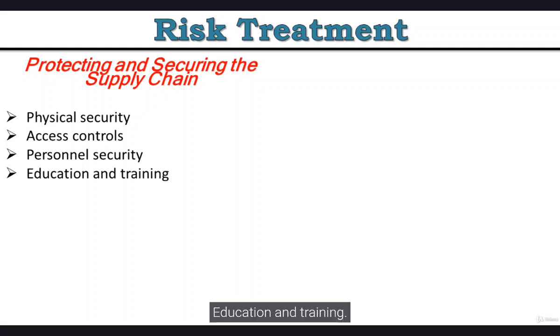Education and training. Firms and their partners should establish and maintain a security training program to educate and build employee awareness of proper security procedures. Best practices include training on the threat posed by criminals, terrorists, and contraband smugglers at each point in the supply chain, as well as on ethical conduct and the avoidance of corruption, fraud, and exploitation.